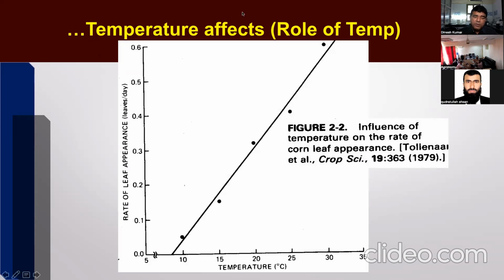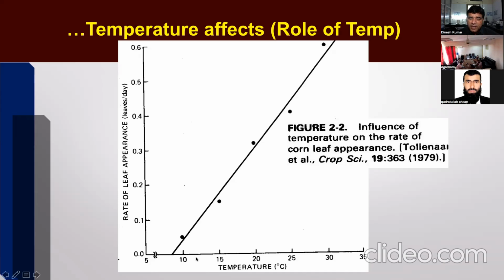Here you can see on the x-axis it is temperature, and on the y-axis it is the rate of leaf appearance, number of leaves per day. How many leaves are originating on the maize plant? This is with respect to the maize plant.